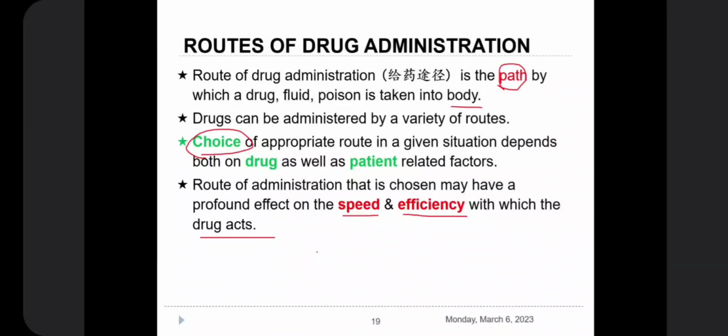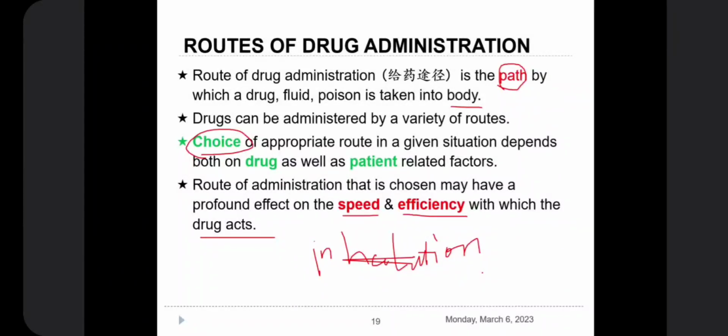Okay, the answer is inhalation. Because the drug will get into the respiratory system, the lung, the villi, and the villi are very close to the blood vessel. So it will act very quickly.